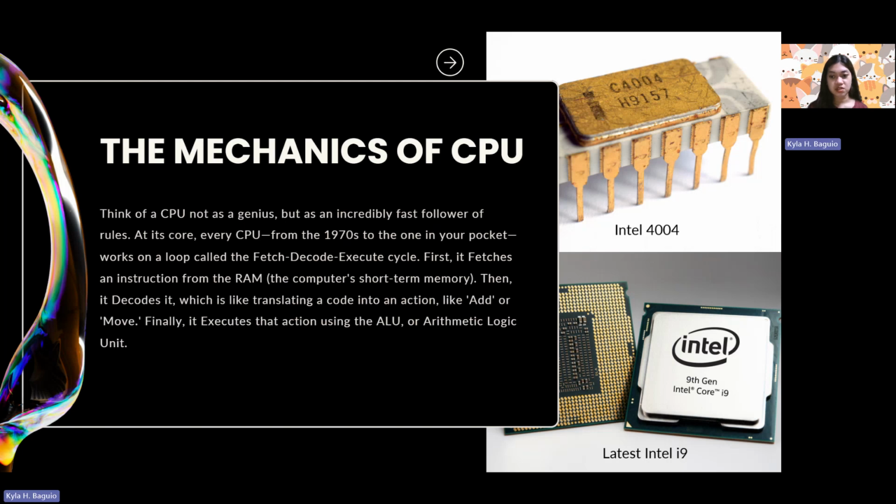As you can see here, we have a picture of the Intel 4004 and the latest Intel i9. In the era of the Intel 4004, processors were only 4-bit, meaning they could only process tiny amounts of data at once.